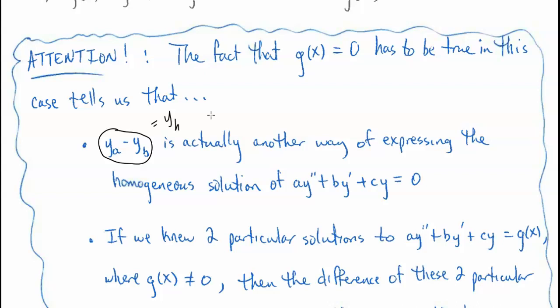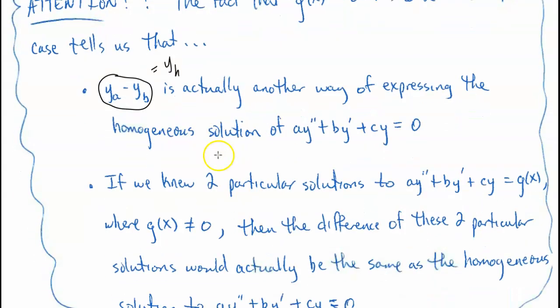Putting that another way, if I knew a function that was part of the basis of a second order linear homogeneous equation, what we're actually saying is that that homogeneous solution is coming from the difference of two other solutions that we haven't explicitly mentioned, okay?